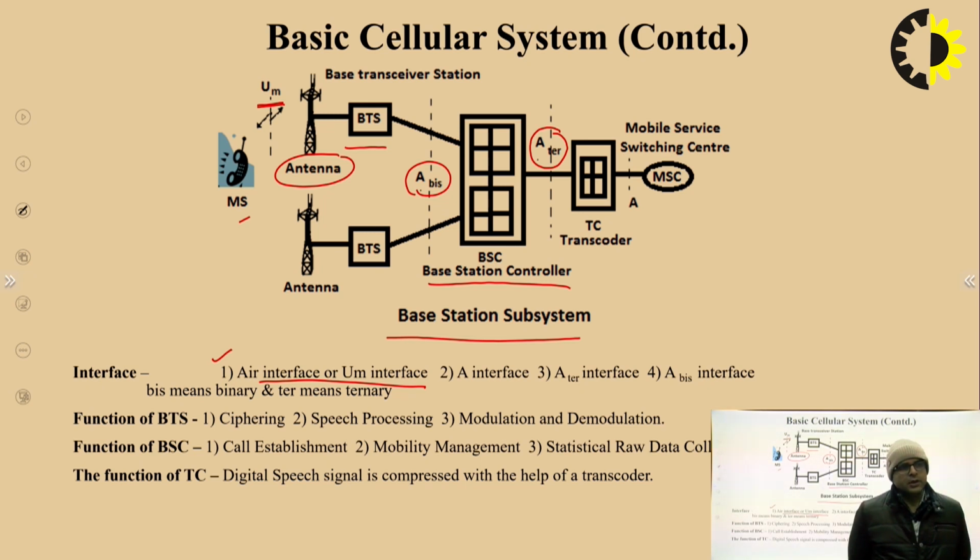Speech processing is another important function. In this speech processing, different kinds of functions are performed, and using these functions, the speech is converted into a form which is suitable for transmission.